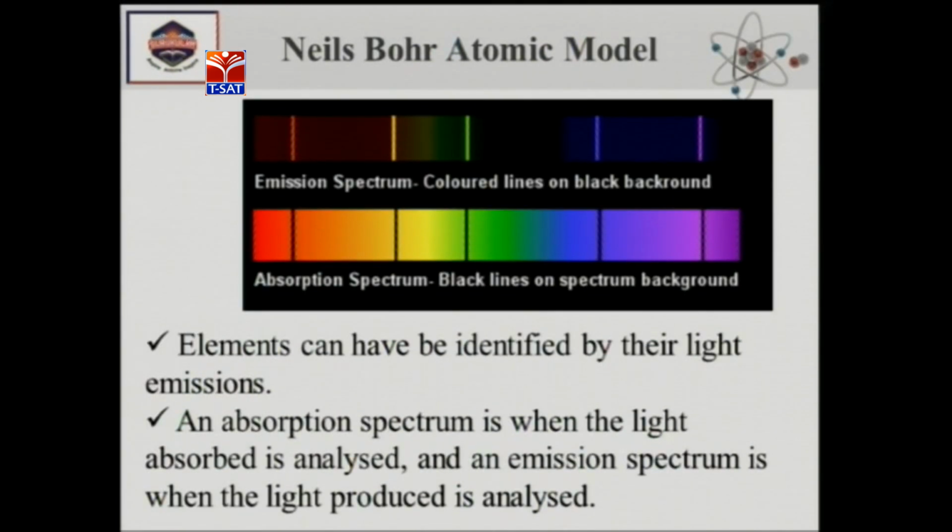Take another slide. We are seeing the emission spectrum and the absorption spectrum. How are they formed, how are we seeing them? Let us see. Elements can be identified by their light emissions. For example, sodium is yellow in color.